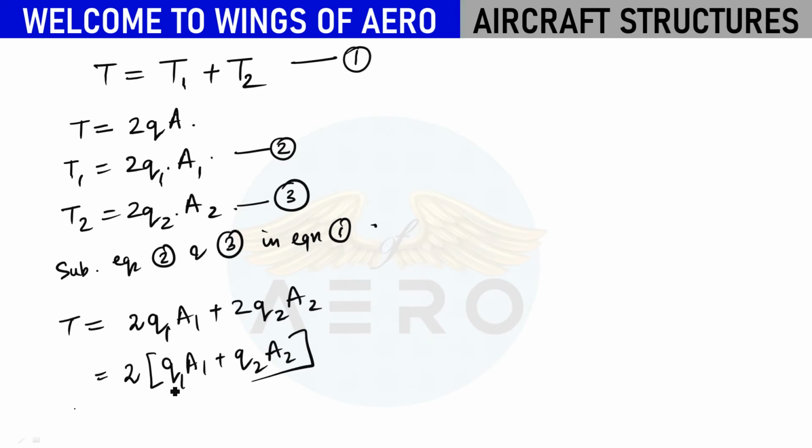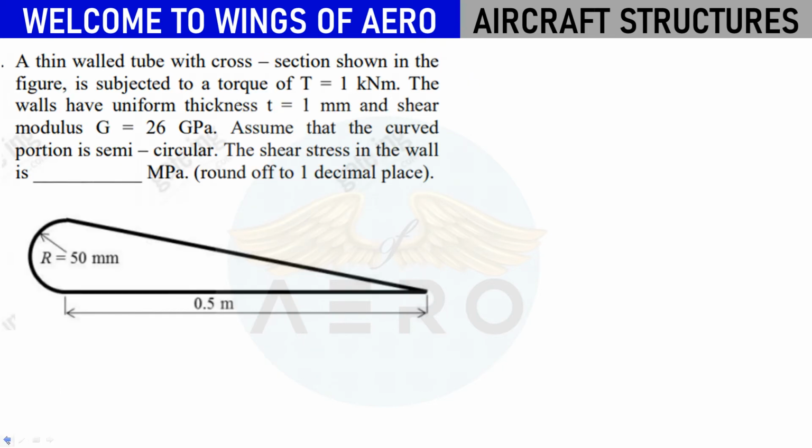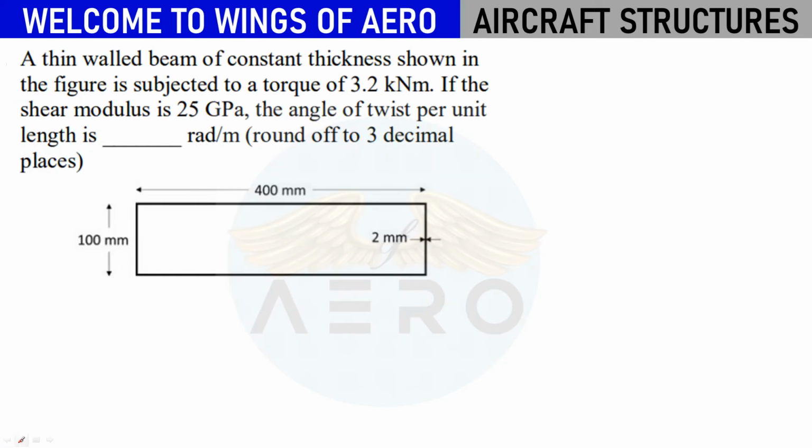Now here beta 1 and beta 2 you will be getting, so that will have some equations. So numerically you can solve the unknown parameters and you will get the result. We will see some problems like that, so let's look at the very first problem, so you will have clarity.